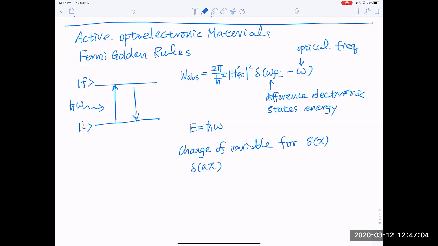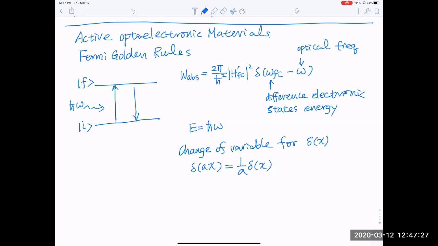It seems it's the same if you integrate with a variable that's linearly scaled by a factor of a. But it turns out if you investigate in more detail, there is actually a factor coming out due to the change of variable.